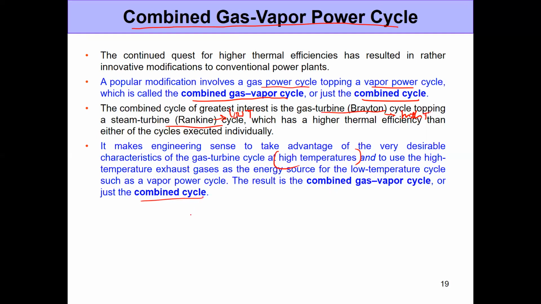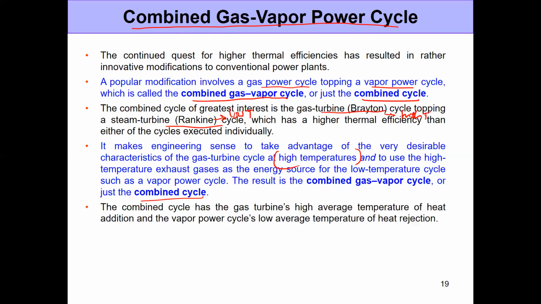So the combined cycle, in terms of temperature of heat addition and temperature of heat rejection, has a very high temperature of heat addition, simply because we are making use of the gas turbine as a high temperature cycle, and it has a low temperature of heat rejection because we're making use of the vapor power cycle as the low temperature cycle.